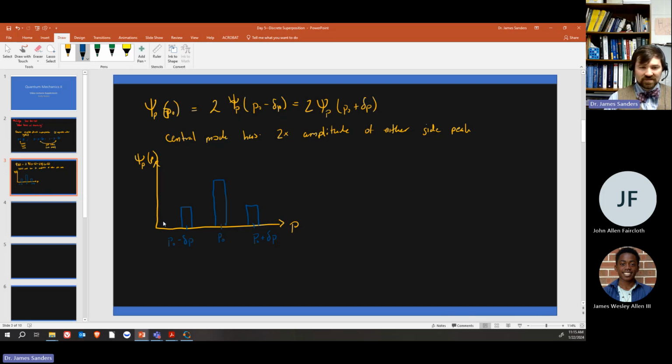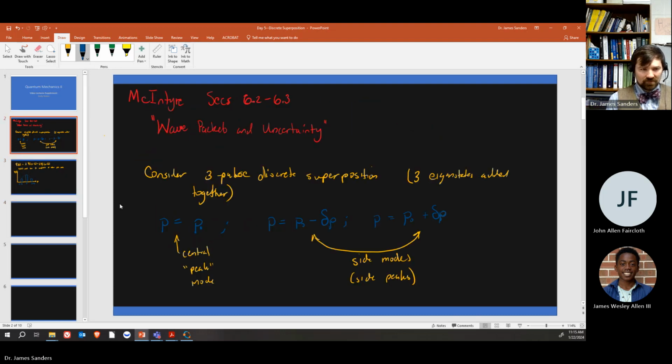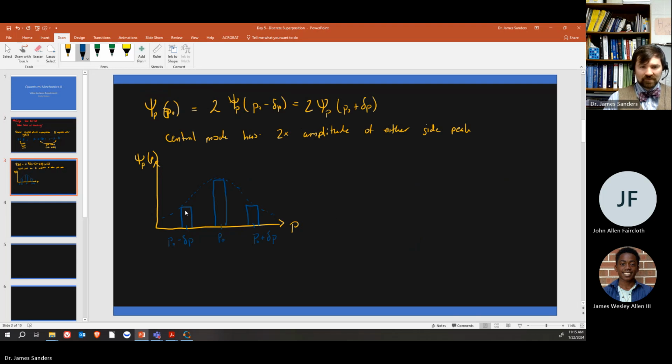In some sense, this is a very loose approximation of some distribution. Might be, for example, the Gaussian distribution. And so it's like we've kind of picked the center of the Gaussian distribution and, say, the full width half max, or maybe even the 1 over e points, the waists, if you will, from this Gaussian distribution.